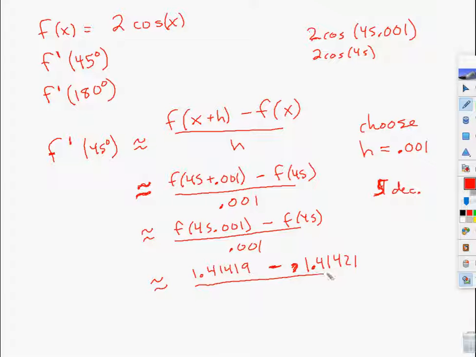Okay, all over 0.001. So let's subtract those. What do we get? I think we get 0.000 zero 2. All over 0.001. Is that correct?